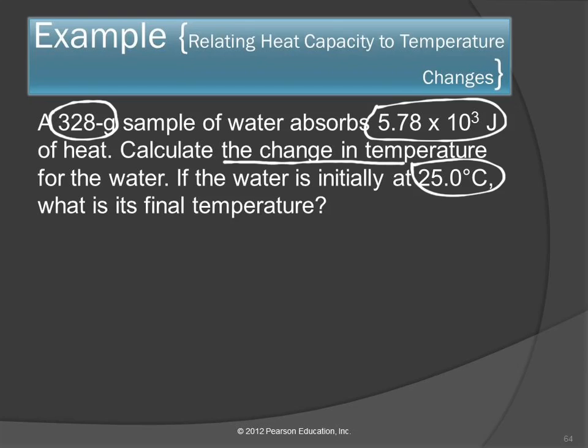So I'm going to do this one a little more abbreviated. Q equals MC delta T. So we're trying to find the change in temperature, so we need to rearrange that equation. We're going to divide by M and C on both sides.